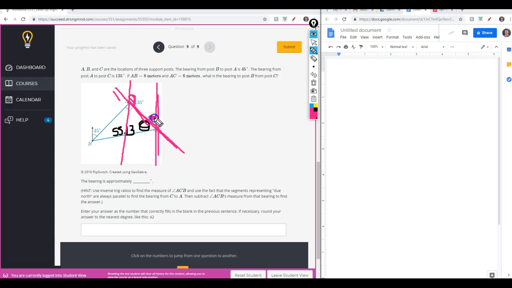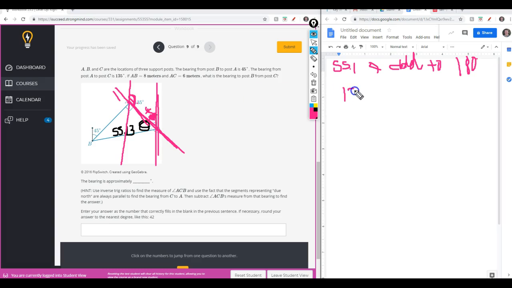So what's the relationship between these two angles? Well, they're same side interior angles. So again, remember that same side interior angles add up to 180 degrees. I don't know what this angle is, so I'll just leave it as x.